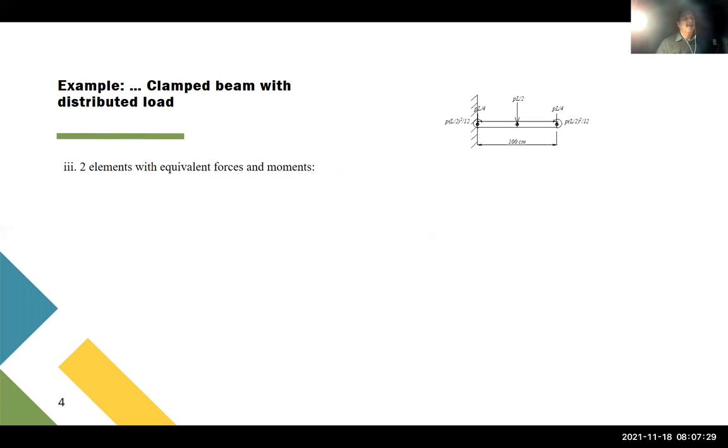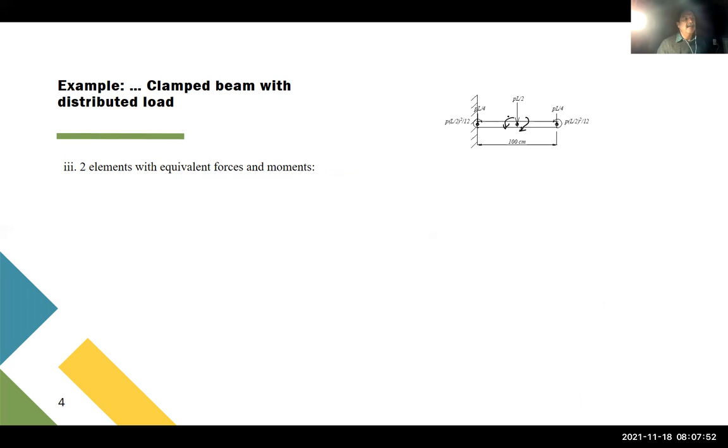So this is the model. If we have the load down here, we're going to have a moment in this direction for this element. But also for this element, we're going to have a moment in the opposite direction and the same value. So the two will cancel.